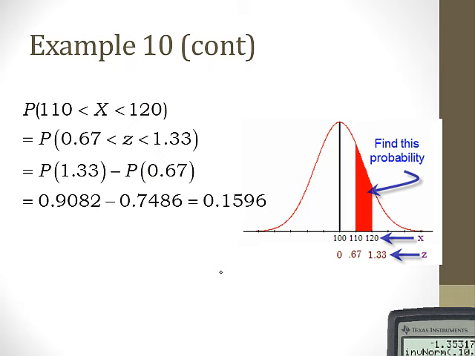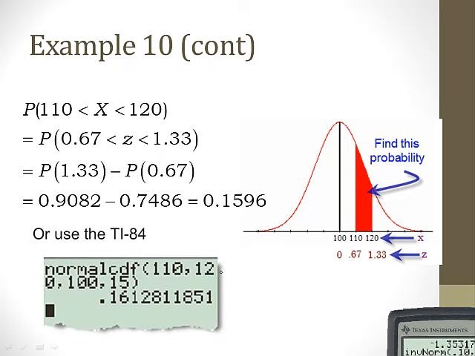All we're going to do is use this normal CDF. 110, comma 120, comma, again, our mean, comma, standard deviation. Before, with the standard normal, the mean was 0, standard deviation of 1. But now with applications, which is what we're going to be working with in every other problem, we're going to have most likely a different mean and standard deviation than 0 and 1.